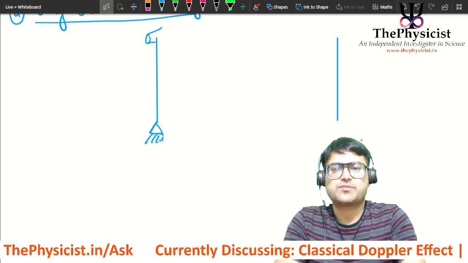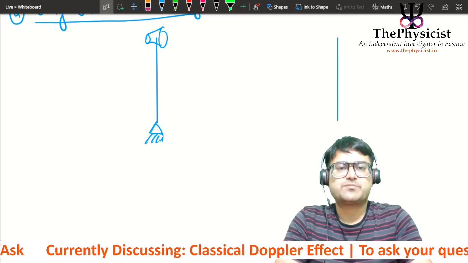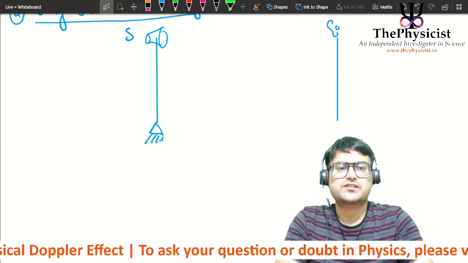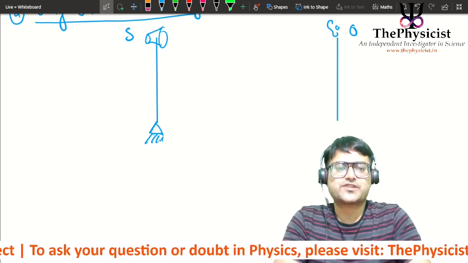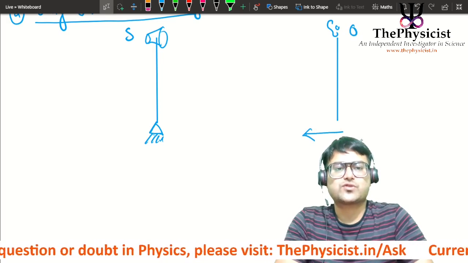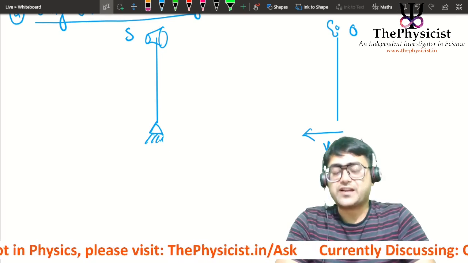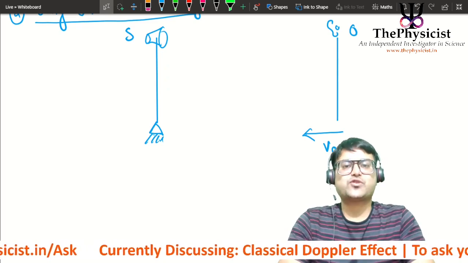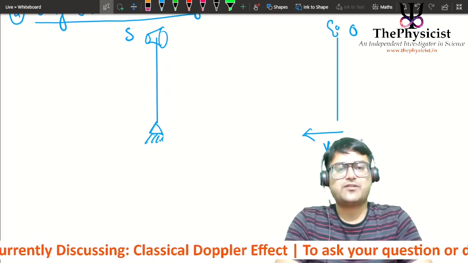This is my source and this is my observer with an ear here. But the observer is moving towards the source with a speed vo, and that is only vo if it is approaching the source. Otherwise, if it is moving away from the source, I will put minus vo.